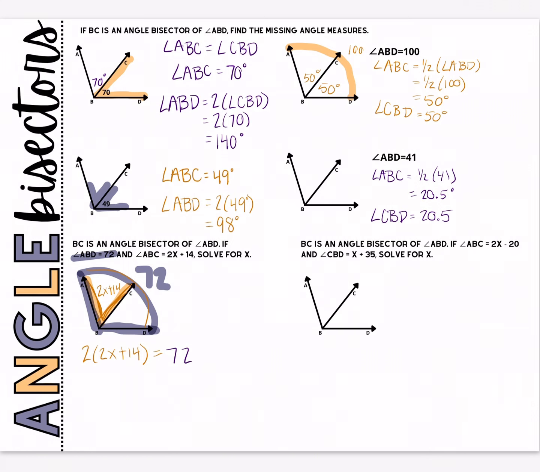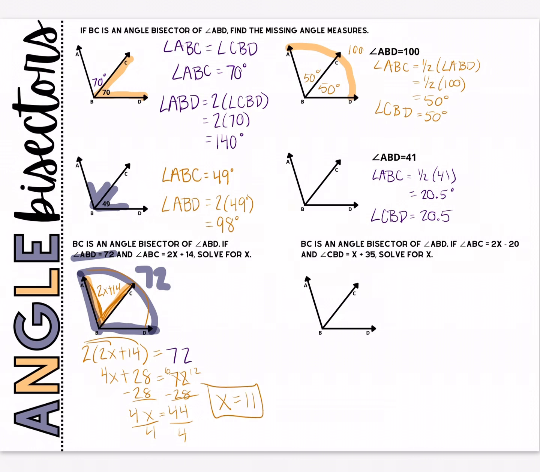Once we set up the equation, you're pretty much back to 7th and 8th grade math, Algebra 1. It's just solving an equation. We distribute the 2, so that's 4x plus 28 is equal to 72. We subtract 28 from both sides, so 4x is equal to 44. Then we divide by 4, and x is equal to 11.